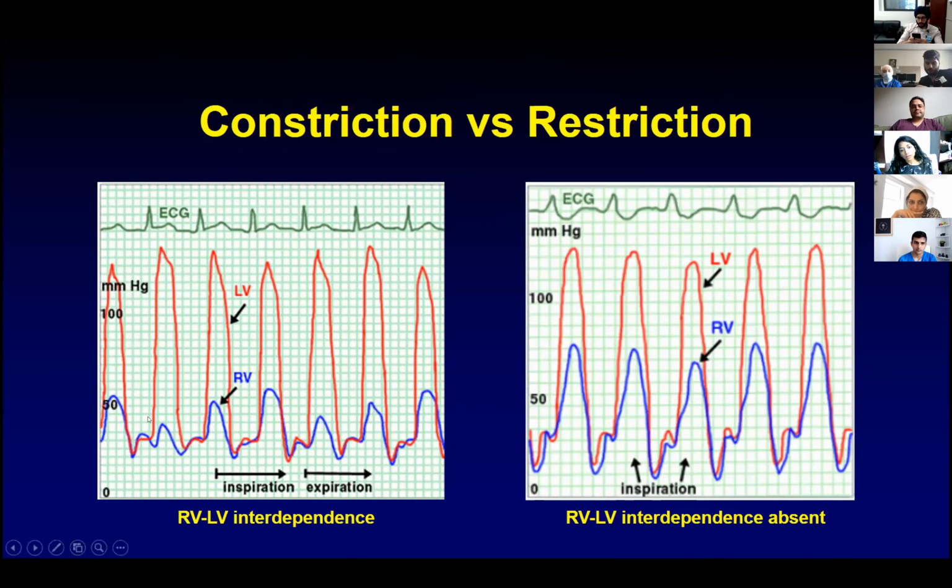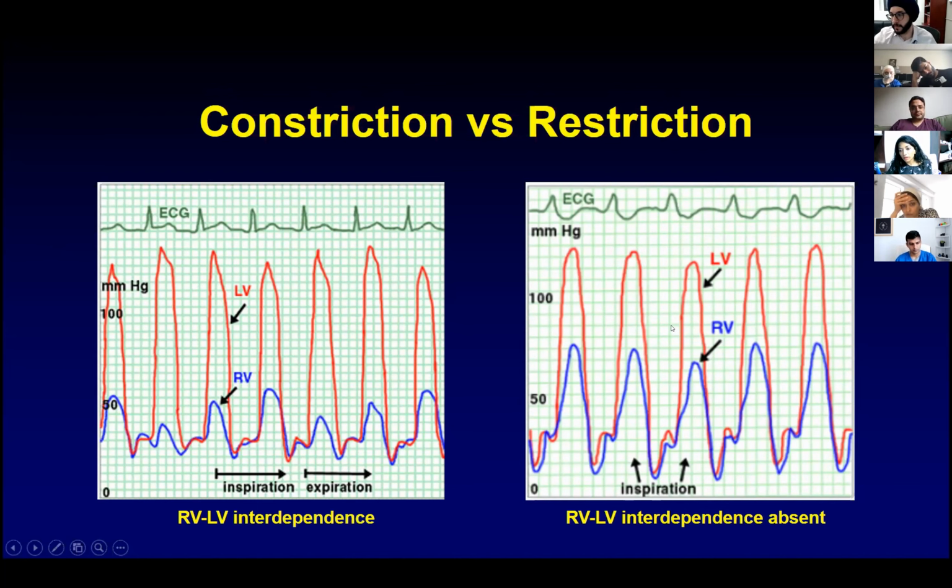During inspiration, when the venous return to the heart increases, the RV pressure increases. But because the RV cannot expand outwards to accommodate that increased volume, the septum has to shift into the LV, which means the RV fills at the expense of the LV. So you'll see pressure in the LV decreasing during inspiration, and then in expiration, the RV pressure decreases and the LV pressure increases. This is called LV and RV interdependence.